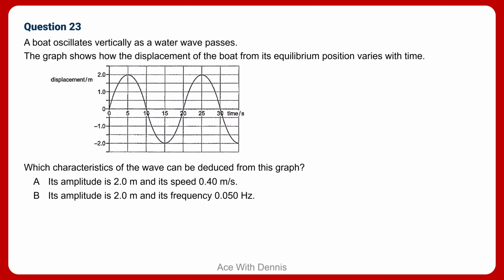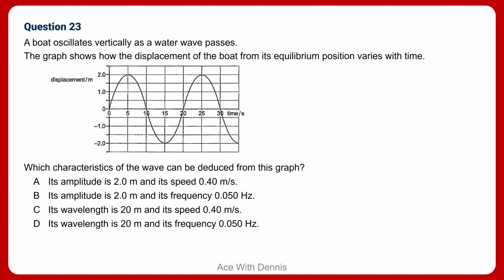B. Its amplitude is 2.0 meters and its frequency is 0.050 Hz. C. Its wavelength is 20 meters and its speed is 0.40 meters per second. Or D. Its wavelength is 20 meters and its frequency is 0.050 Hz.